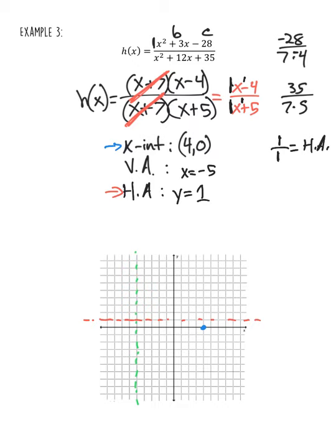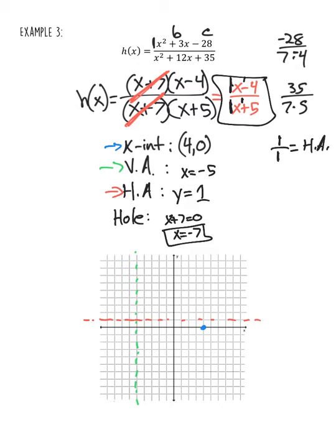And I forgot to calculate where my hole is. The x minus 4 over x plus 5 is my simplified rational expression. How I find my hole is I set x plus 7 equal to 0, which gives me x equals -7. I plug that into my expression.